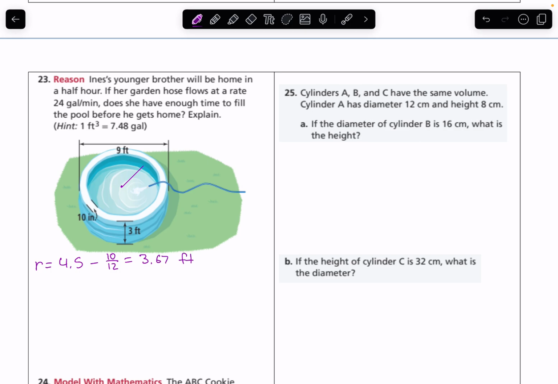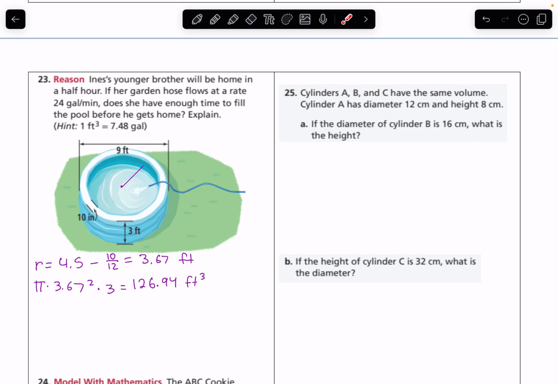So then I'm going to find the volume of the pool by doing pi times the radius squared, pi times 3.67 squared, times the height of the pool, which is also in feet, so times 3. That gives me a volume of 126.94 feet cubed. So that volume is going to be multiplied because we need to know how many gallons it is.